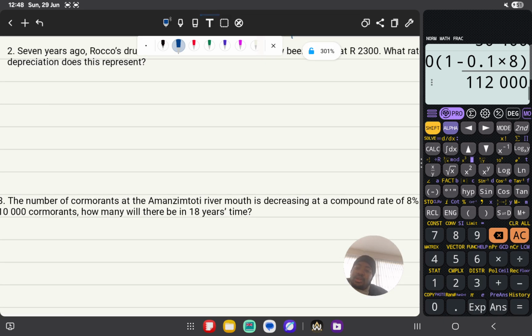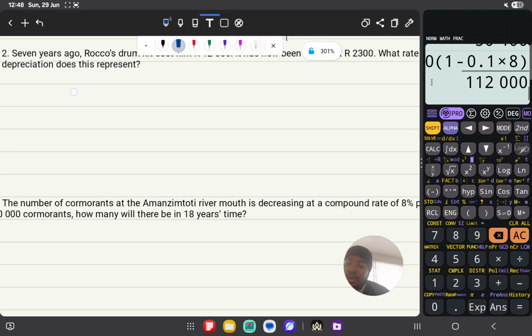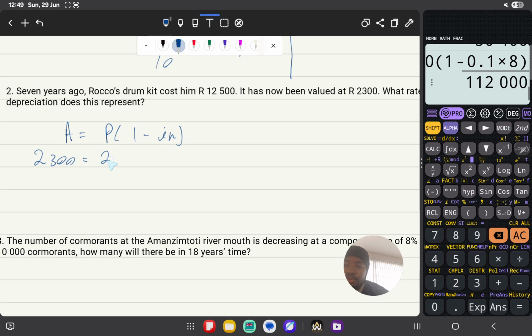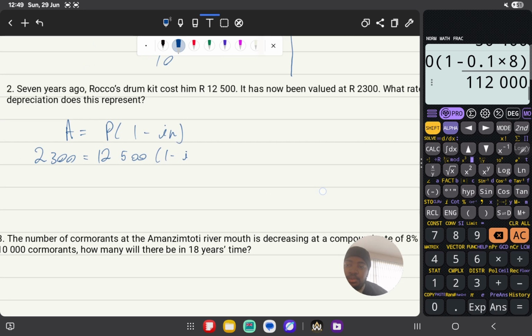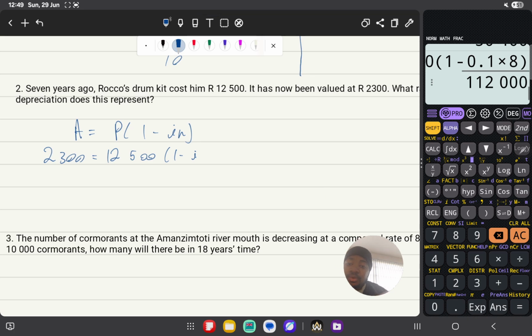For this one, you already see the formula, substitution, 7 years ago, so times 7.